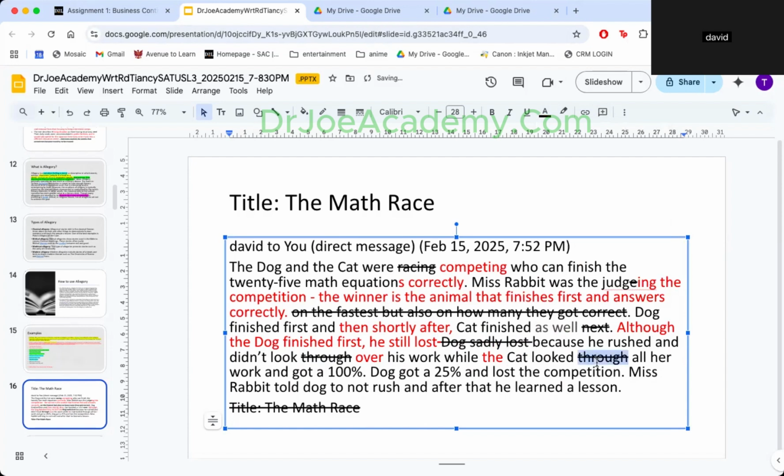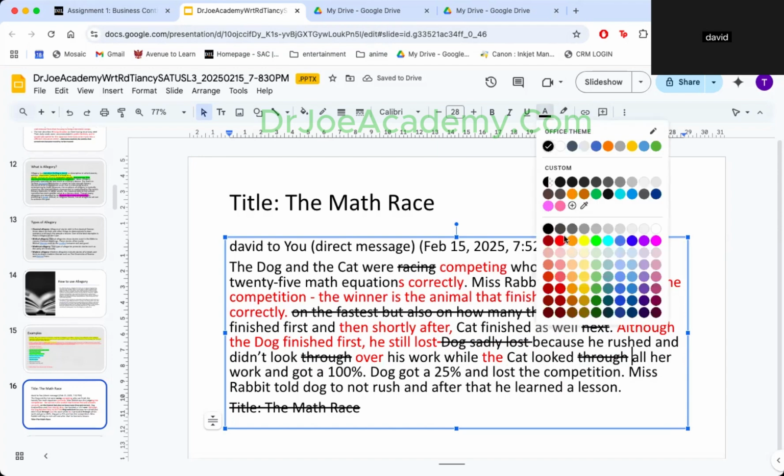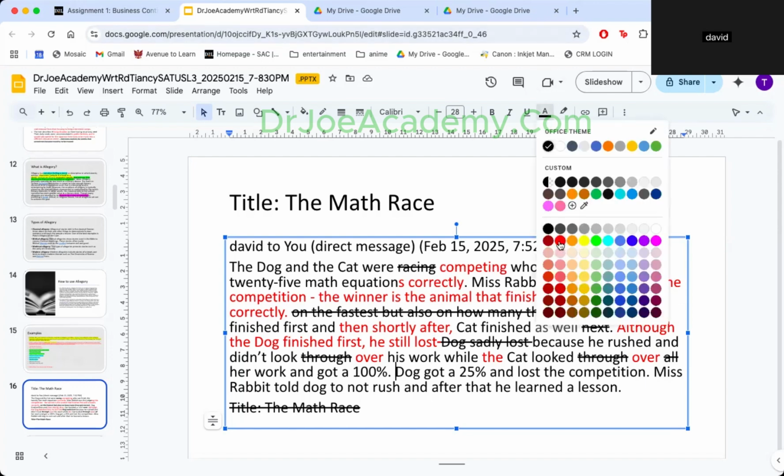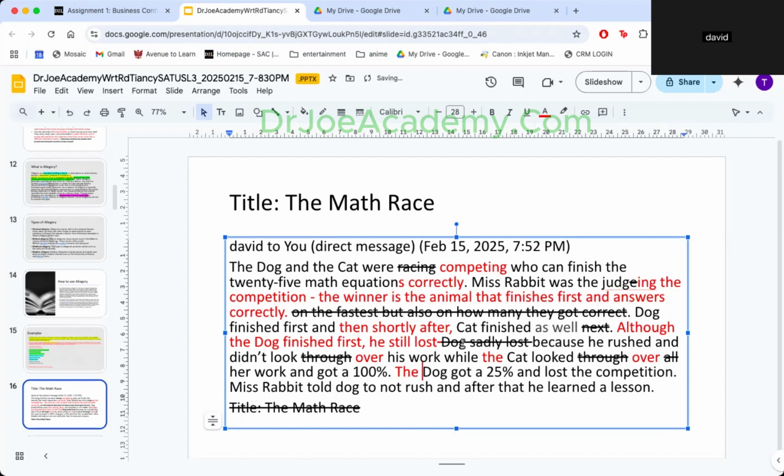Looked over her work and got 100%. The dog got 25% and lost the competition.